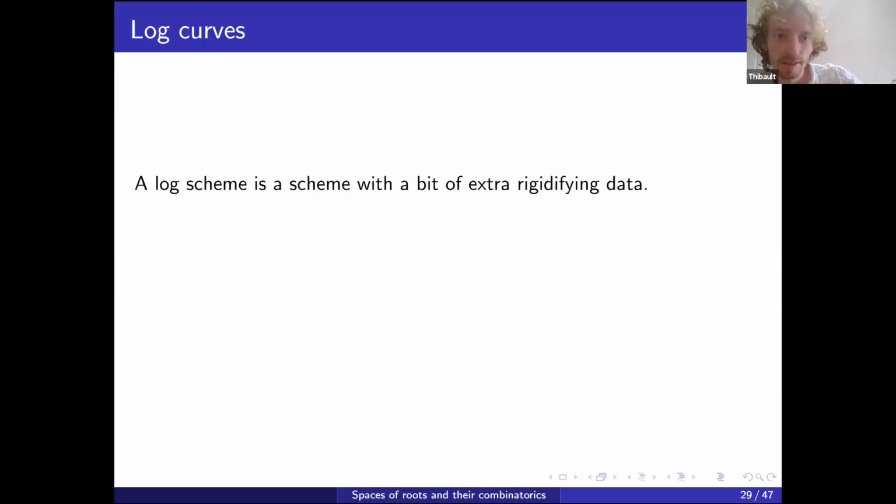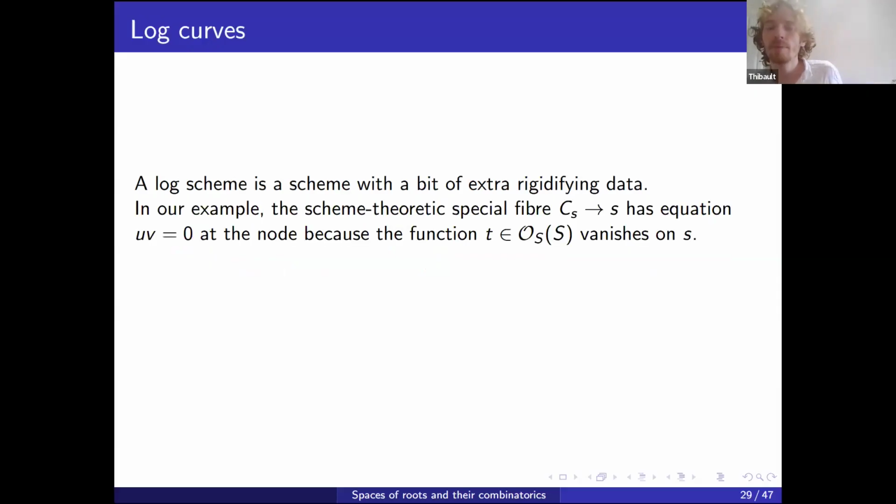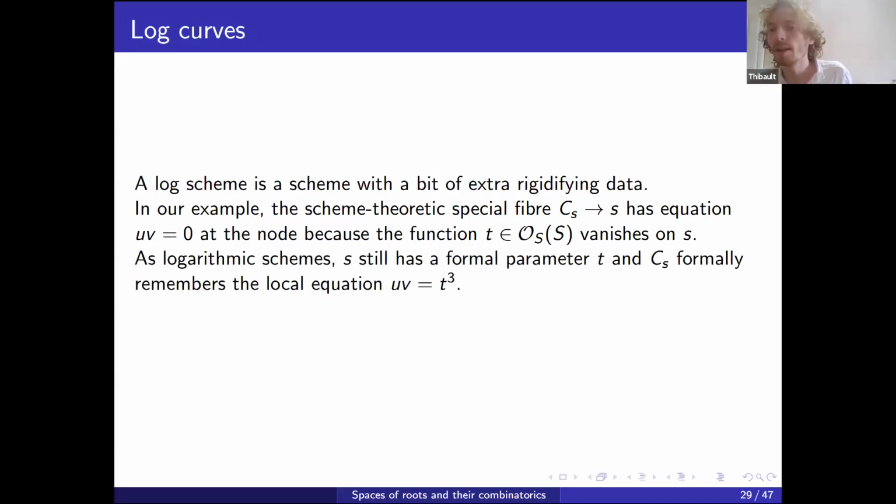Right, so as I just said, it's a scheme with a bit of extra rigidifying data. And in our example, if I look at the special fiber of the family C S to S as a scheme, this just has equation uv equals 0 at the node and I'm stuck. But as a log scheme, what happens with this extra bit of rigidifying data is I get to force the point S, the complex point S, to remember some formal parameter t.